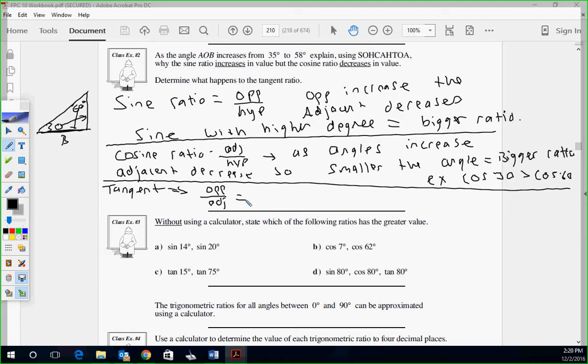Numerator. So if we want the numerator to be bigger, then what do we want bigger? The opposite, so we want the actual angle to be bigger. Does that make sense? The opposite comes from the given angle. Because if I say tan of 30, that's not very big, because that's creating that side. So the bigger this is, the bigger your tangent is. So for tangent, we want opposite to increase.